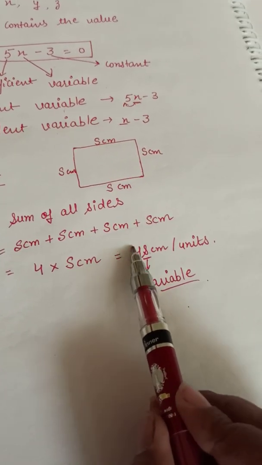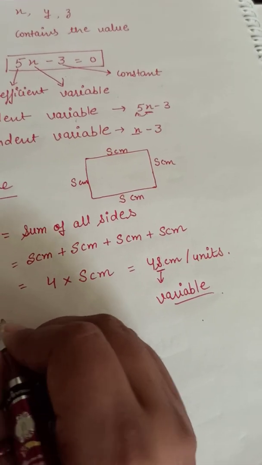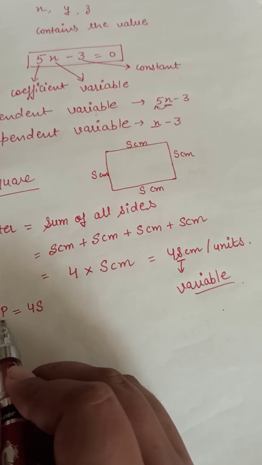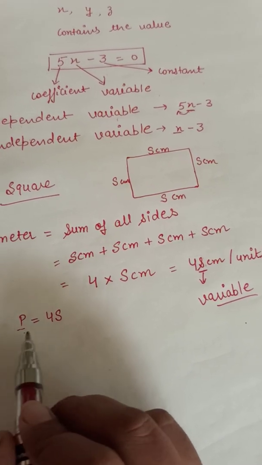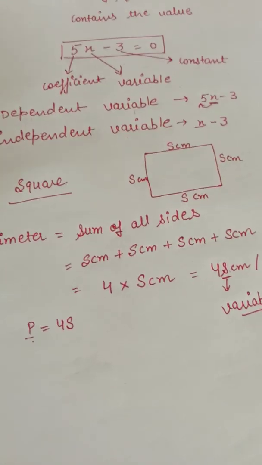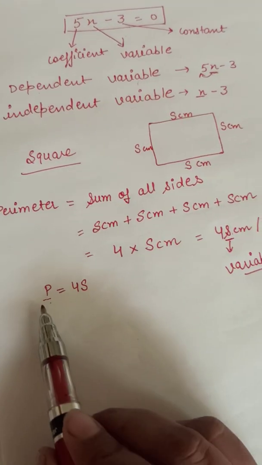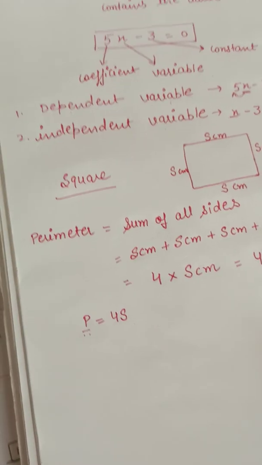Because this complete thing becomes P equals 4s. P is also a variable. This variable depends on the side for its value. The perimeter depends on the length of the side.